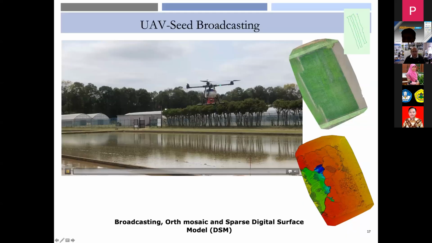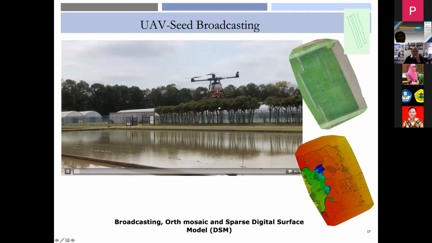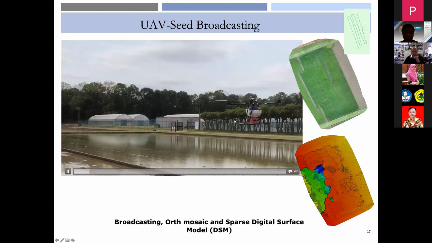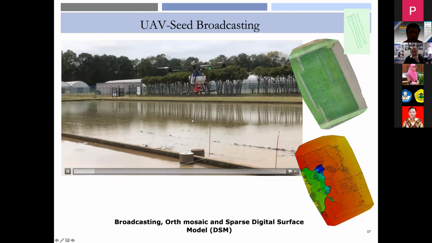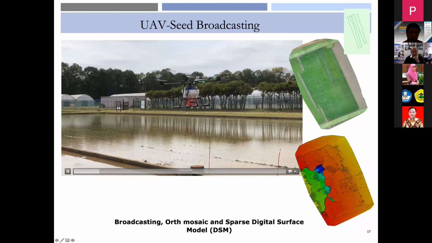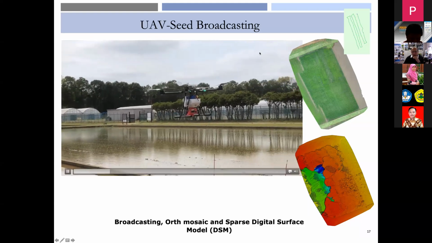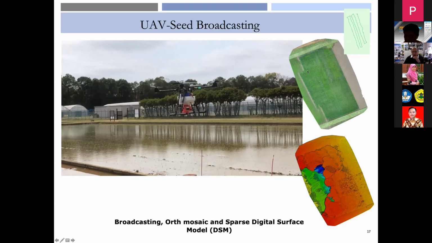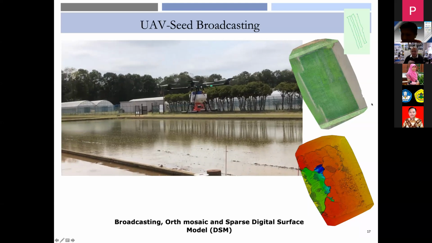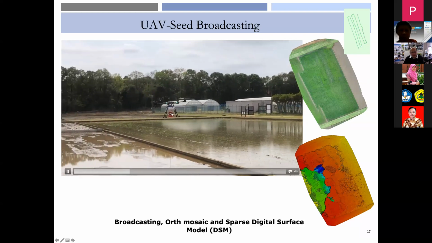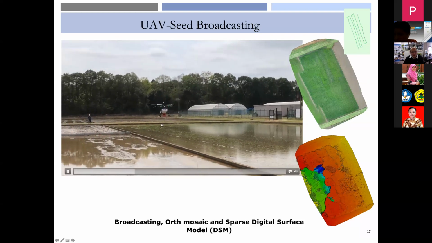So let me go ahead with this. We use a UAV which carries a seed regulator, and you can broadcast the seed from above. After the broadcasting, I did some Pix4D analysis and developed an orthomosaic map, and you can see the seeds are coming.